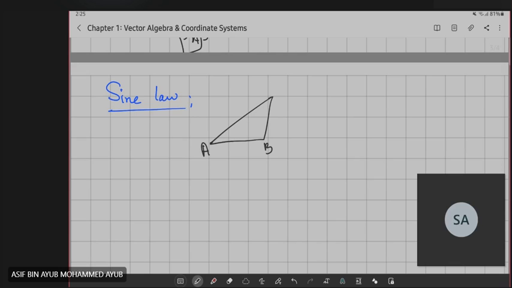If you have a parallelogram like this, with vector A here and vector B here, and the angle between them is known. I'm sorry, this is not the angle, this is the angle. Then A cross B gives you the area of the parallelogram.